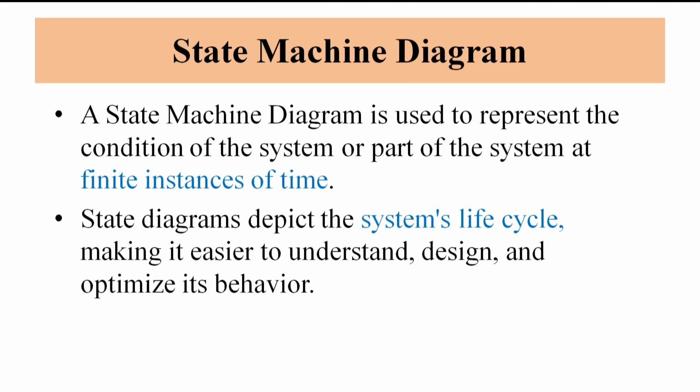So it all depends on how sequentially one student object moves from one state to another. These are all determined by the occurrence of participating events in that system, and on the basis of that the object state changes. As I said, a state diagram depicts the system's life cycle, making it easier to understand, design and optimize its behavior.